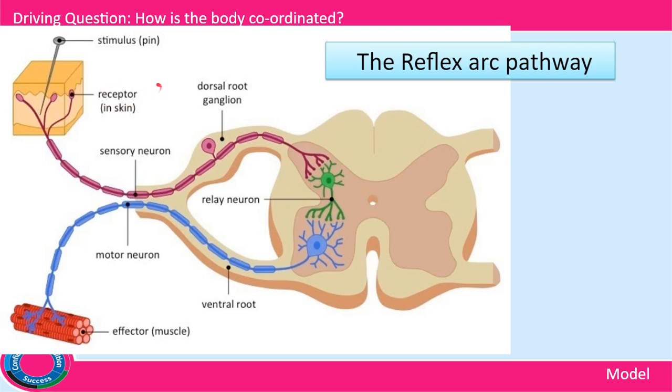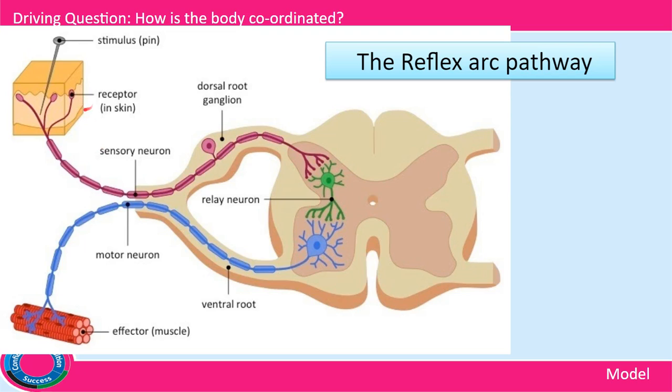So let's just pretend that you've touched something very hot while you are cooking. The receptors in your skin are going to detect a change in temperature. That is the stimulus. What's going to happen here is the electrical impulses are going to be transmitted via the sensory neuron, because the skin is a sense organ.